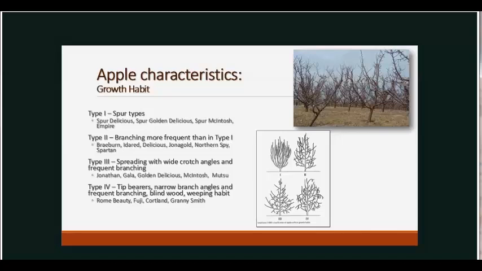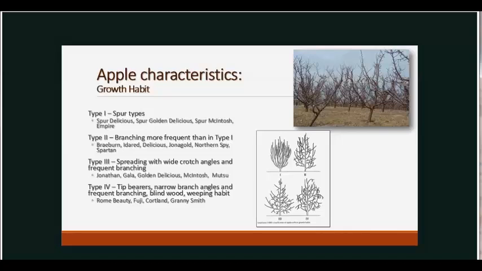Those are spur type apples, and you can match it up to the little drawing down below, number 1, where you can see a lot of the scaffold branches have a tendency to be low centered. It doesn't have the standard Christmas tree look to those.